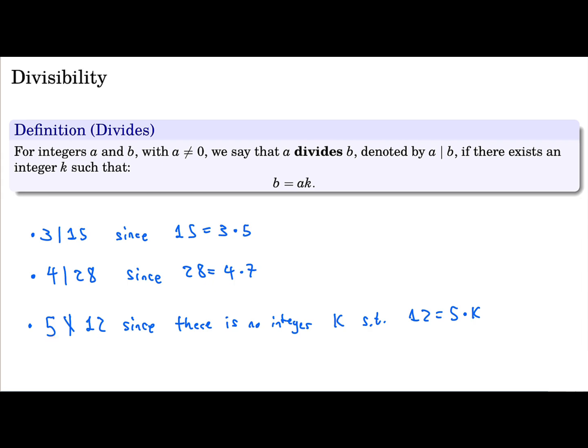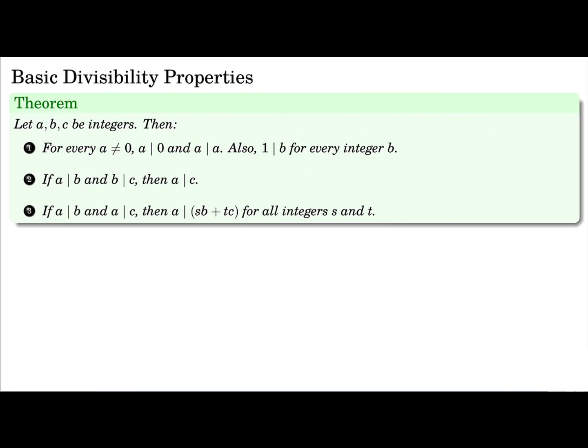So let's see some of the basic divisibility properties. Suppose that a, b, and c are integers, then for every a different than 0, we're going to have that a divides 0. So let's see why.